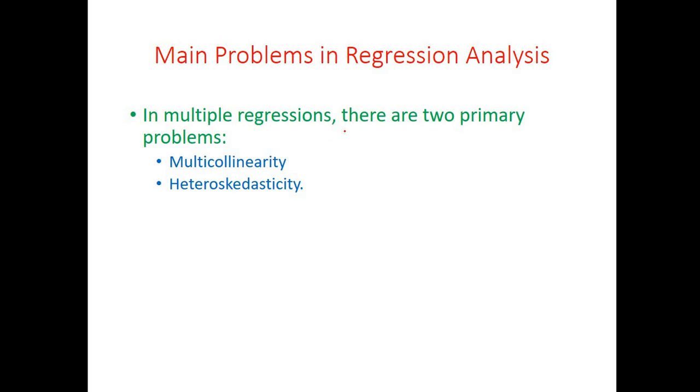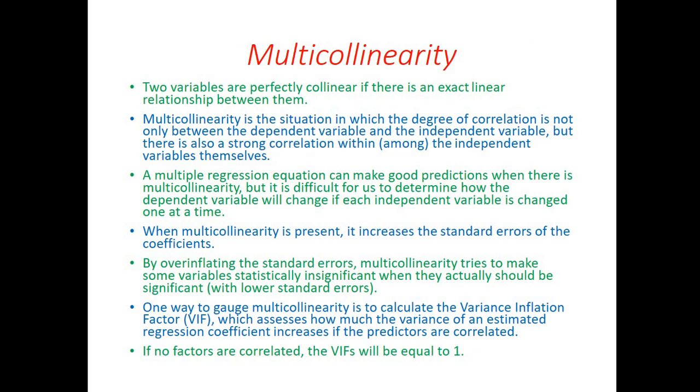The main problems in regression analysis are two: multicollinearity and heteroskedasticity. What is meant by multicollinearity? Two variables are perfectly collinear if there is an exact linear relationship between them.